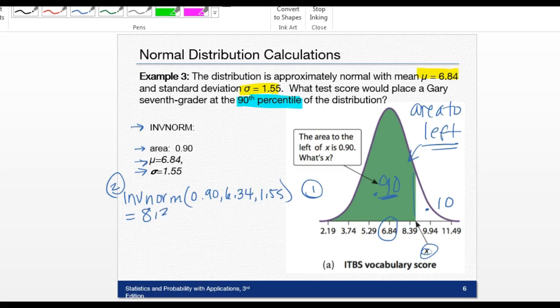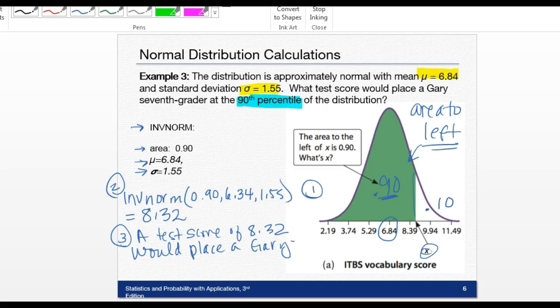So it's 8.32. All right, now number 3, put it in context. Always put it in context. You would say a test score of 8.32 would place a Gary 7th grader at, not in, but at the 90th percentile.